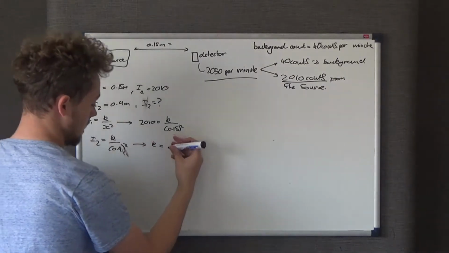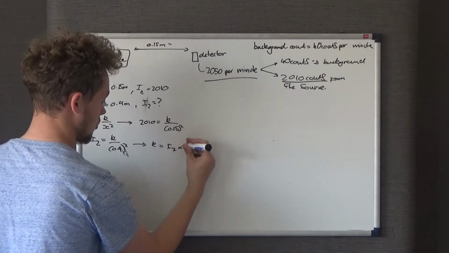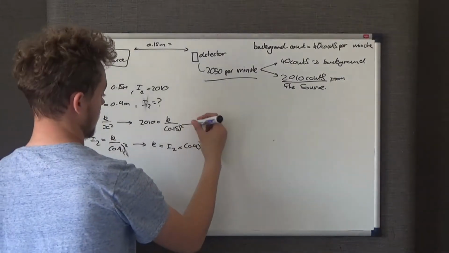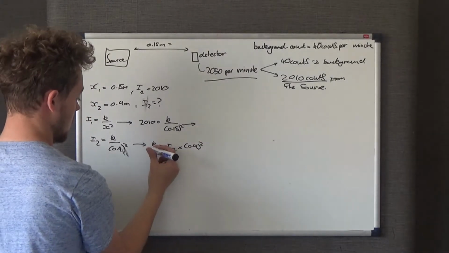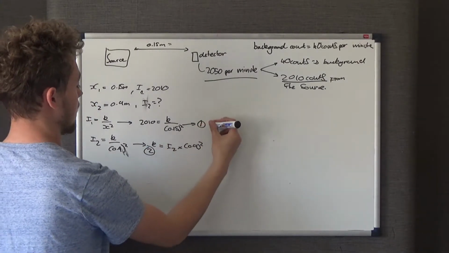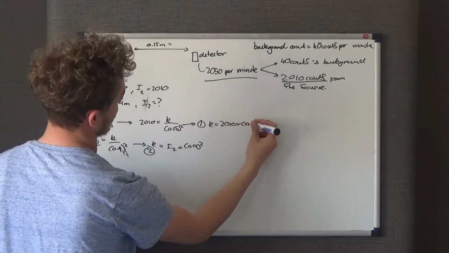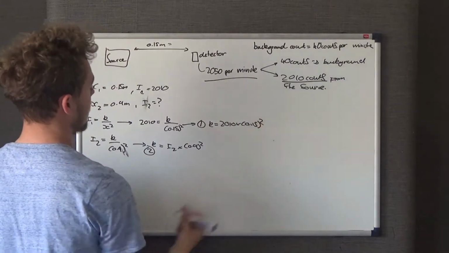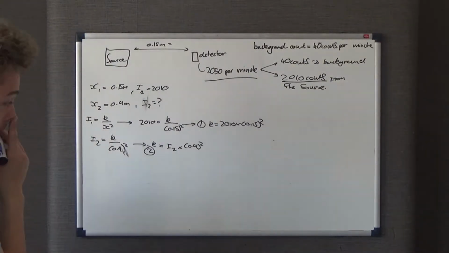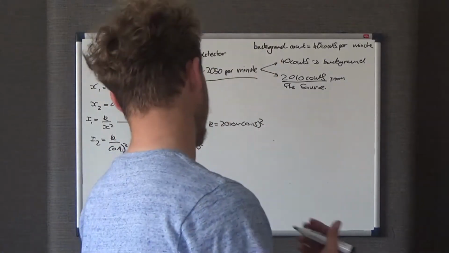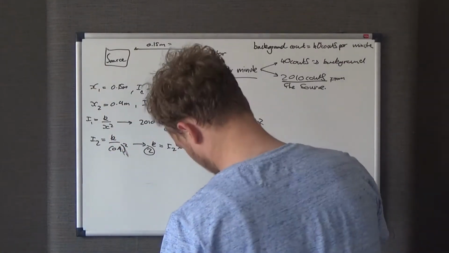So k is equal to I2 times 0.9 squared, and we'll call that equation 2. Equation 1: k is equal to 2010 times 0.15 squared. Now I could work equation 1 out and work out what k is, but just to show you where we're getting these figures from, I'm going to keep them uncalculated.